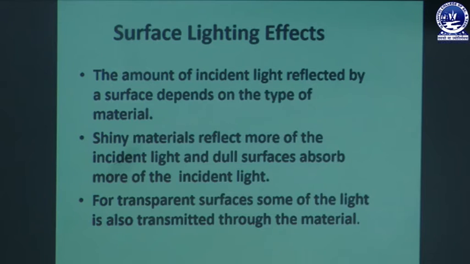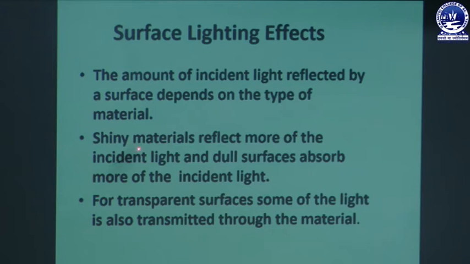Now we go to our next concept, the surface lighting effect. That means when the ambient model has calculated the overall light intensity of the given object, how are the surface lighting effects produced? The amount of incident light reflected by a surface depends on the type of material, luminous or non-luminous.